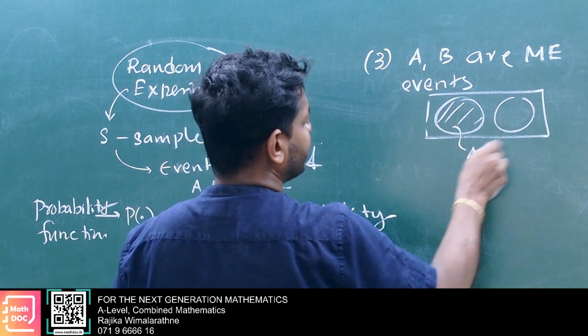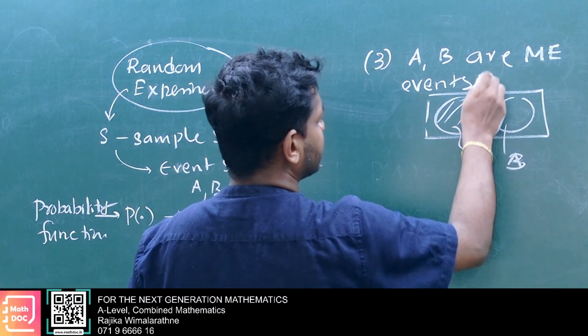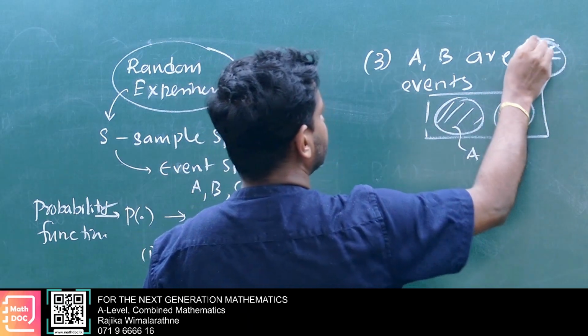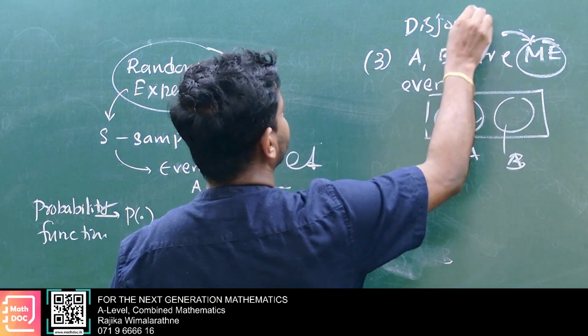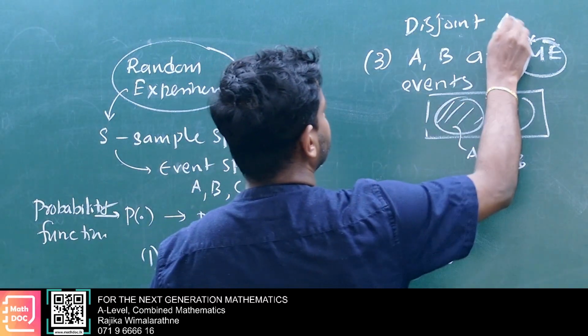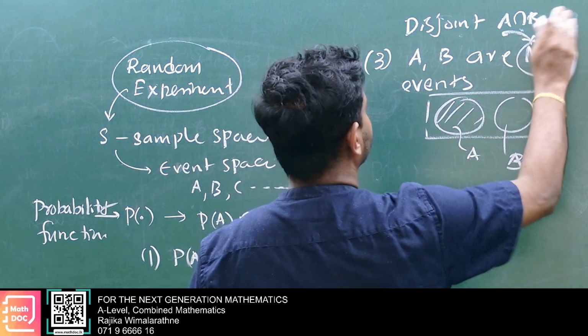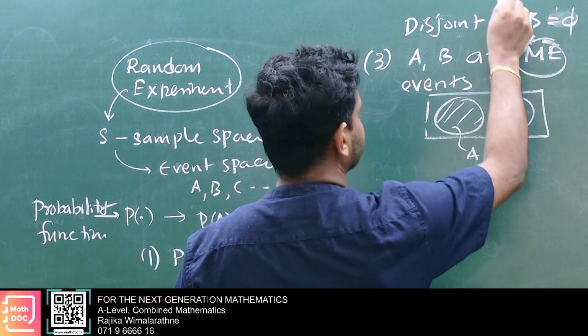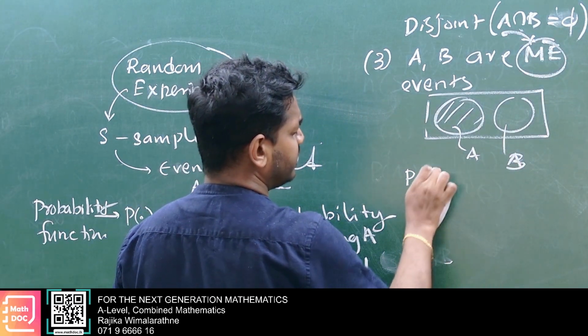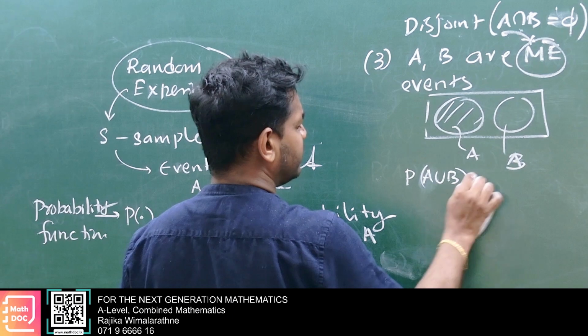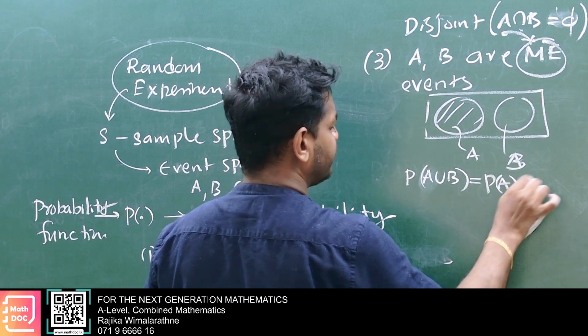Here this is A, this is B. That means A intersection B is null. In such a case, the probability of A union B is P(A) plus P(B).